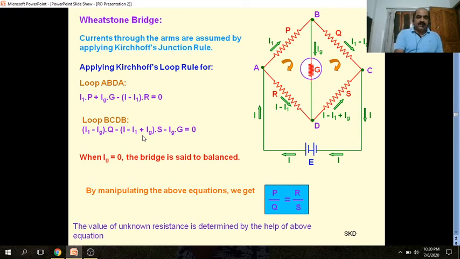This is a very important relation which helps us to determine the value of unknown resistance.